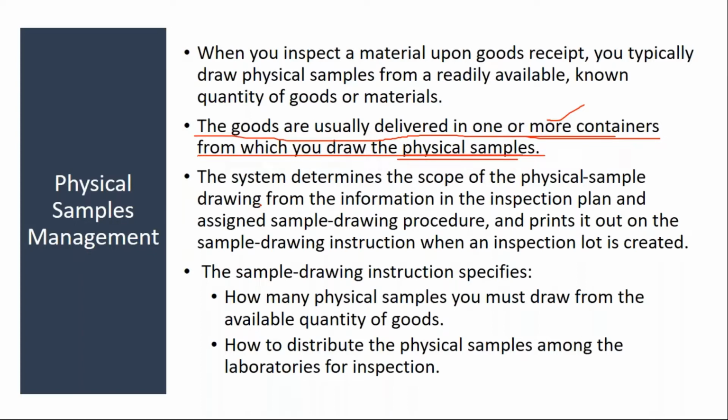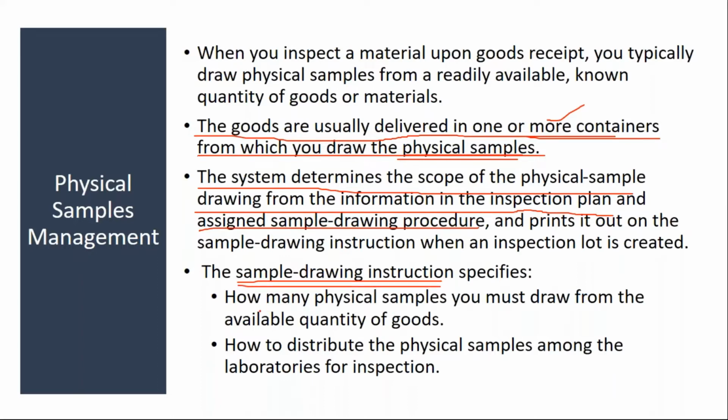So the system determines the scope of the physical sample drawing from the information in the inspection plan and the assigned sample drawing procedure. What is the sample drawing procedure? In the sample drawing procedure, you will have a sample drawing instruction.